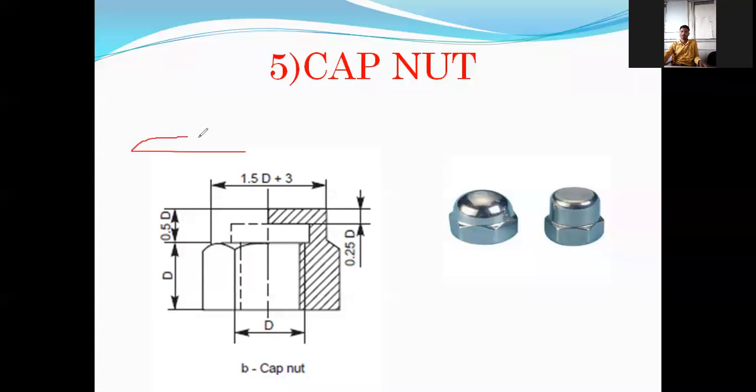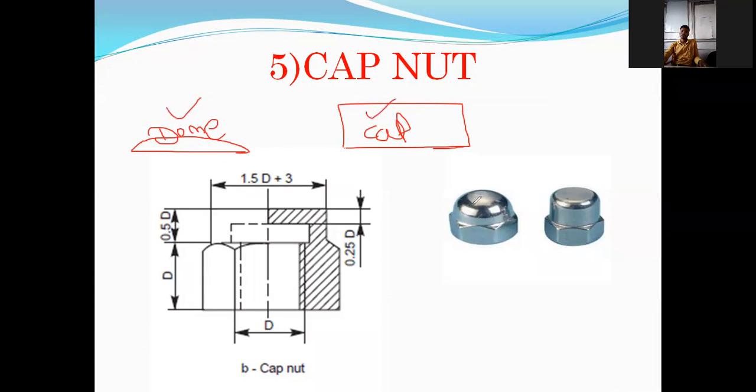In the case of the cap nut, it is something like a cap. One is dome, another one is cap. Are you getting it? Dome and cap.